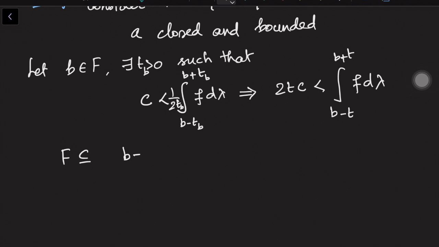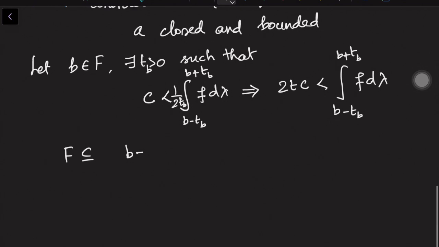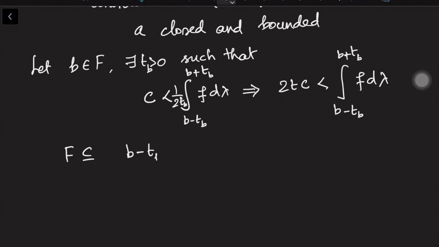So corresponding to each B you get the interval B minus t_B to B plus t_B, and take the union over all B from F. Note that these are all open sets and it's an open cover, and since F is closed and bounded, it should have a finite subcover.